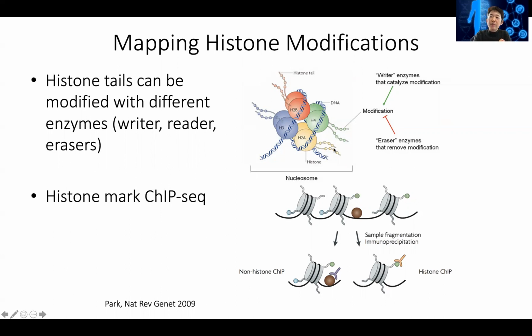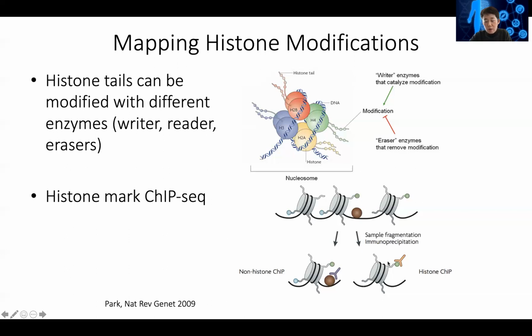Based on the different modification, you can also specifically enrich for locations in the genome that have the histone modification. This can be done with ChIP-seq. Remember in ChIP-seq, we fragment the chromatin into, say, a couple hundred base pair fragments. Normally for transcription factor binding, you just use an antibody against the transcription factor.